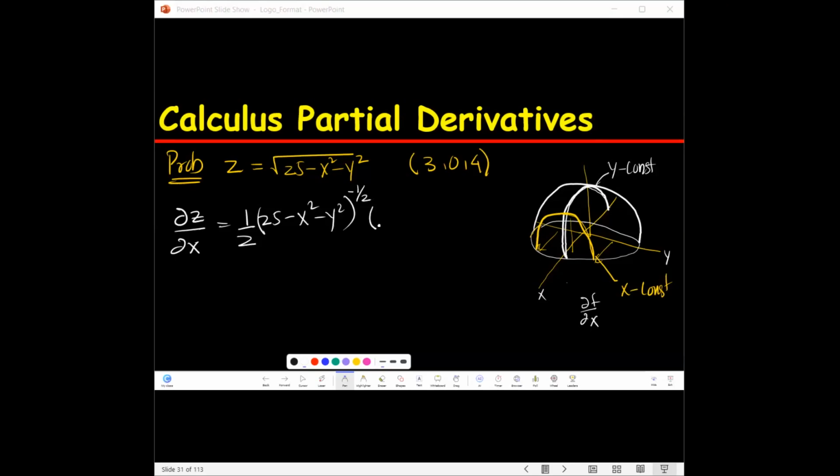Then I take the derivative of what is inside the square root with respect to x. The first term, 25, is constant, so it's 0, and y squared is also 0. The only thing left over is minus 2x. The 2 cancels, so I can write this as minus x over the square root, since it has a minus sign.